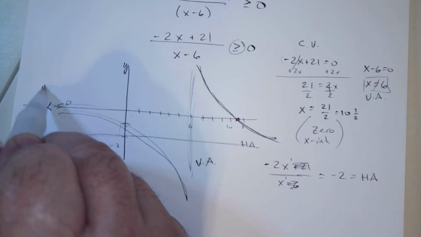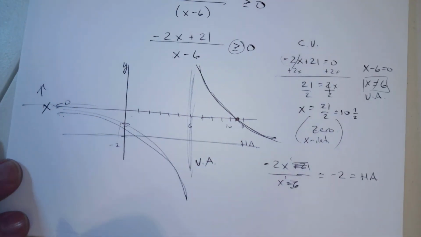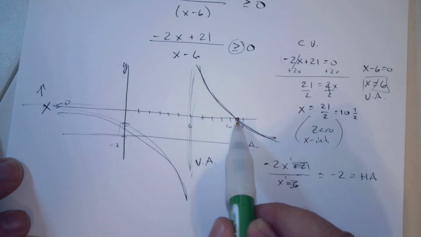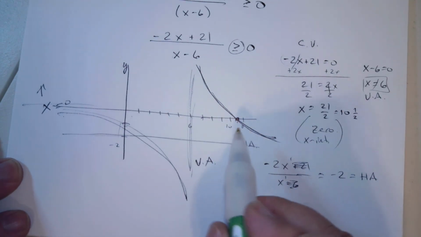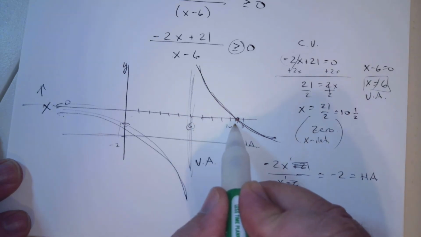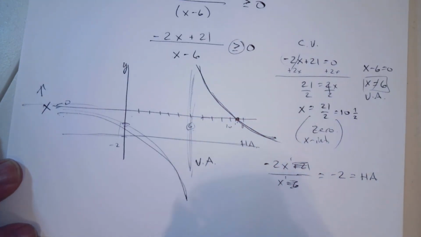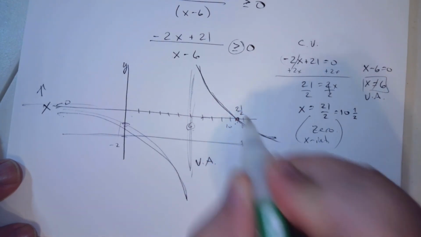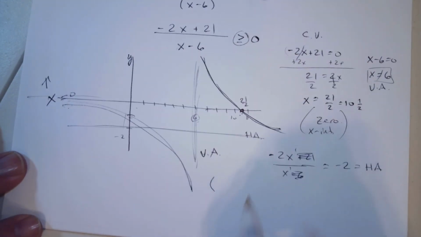I want everything that's above it. So all of this is below the x-axis. I can't use any of it. This is my x-intercept. So I'd go from everywhere from 6 to 10.5, or 21 over 2. From 6 to 21 over 2.